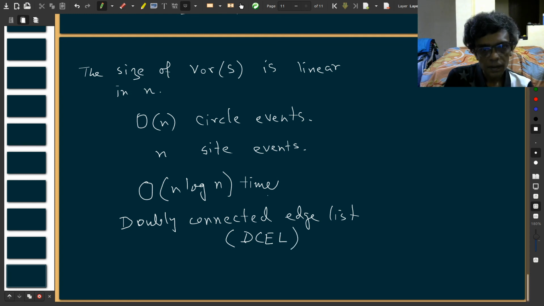But anyway, let us not worry too much about this data structure for storing the Voronoi diagram. It can be handled in appropriate time, and overall running time is therefore big O of n log n. That's more or less about this algorithm.